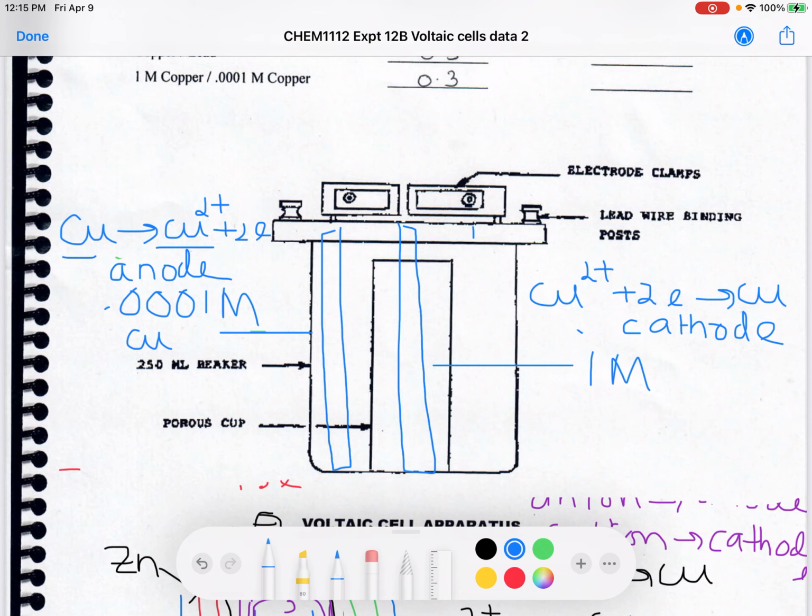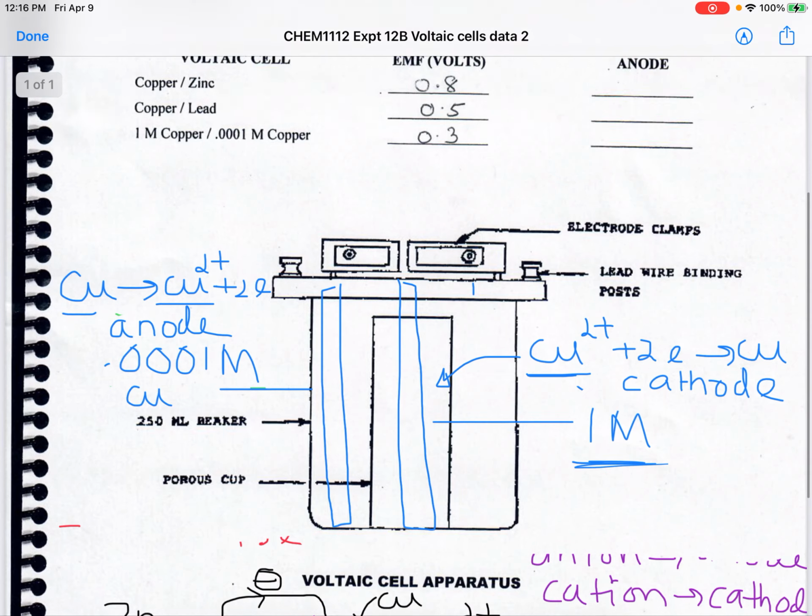Whereas the cathode needs to have a higher concentrated solution, because now the copper ions in the solution take up 2 electrons and become copper metal in the reduction. So between 1 molar copper and 0.001 molar copper, your cathode is going to be the one that has the higher concentration, 1 molar. Okay, so that's what you need to answer.